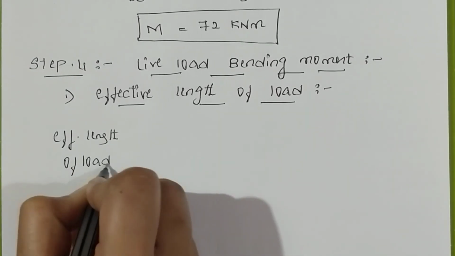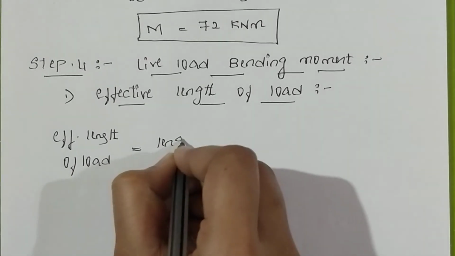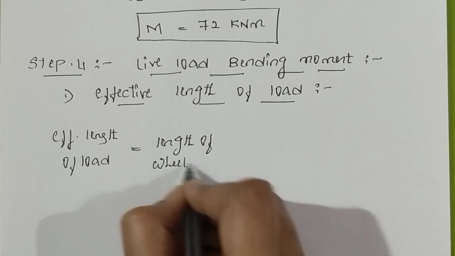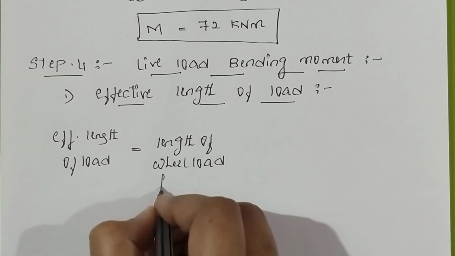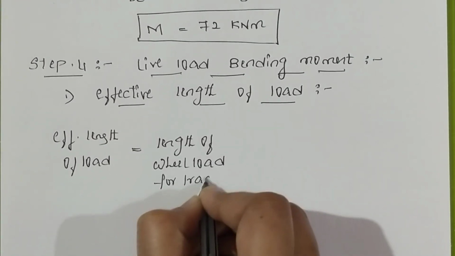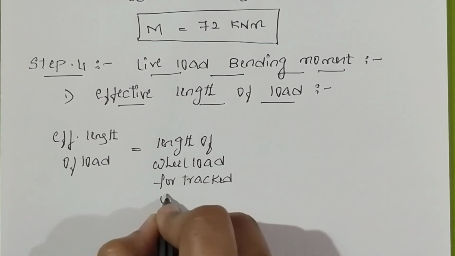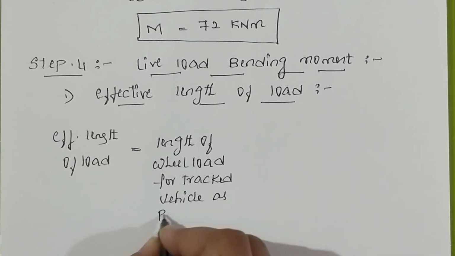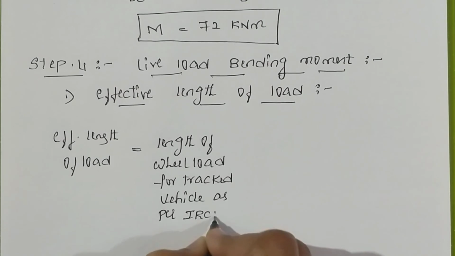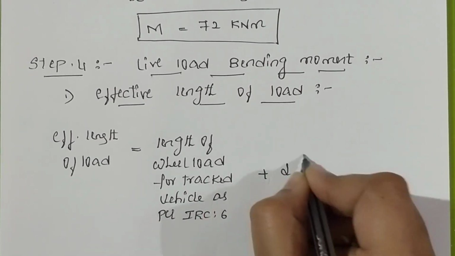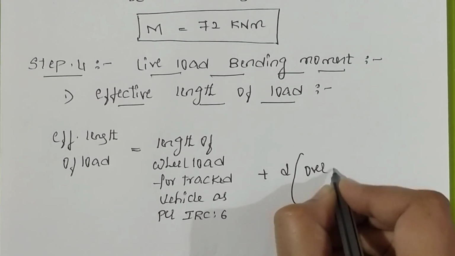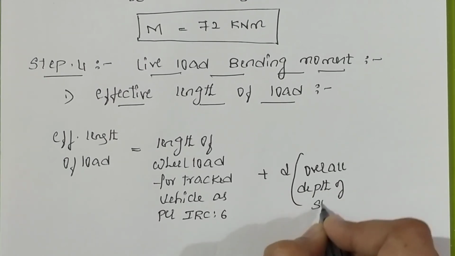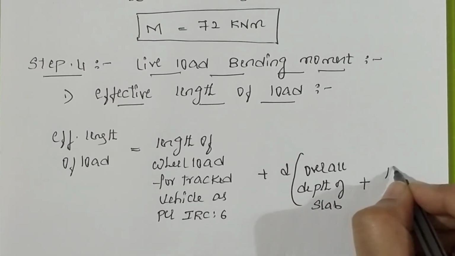Effective length of load is given by length of wheel load for tracked vehicle as per IRC 6 plus twice the overall depth of slab, plus thickness of wearing coat.